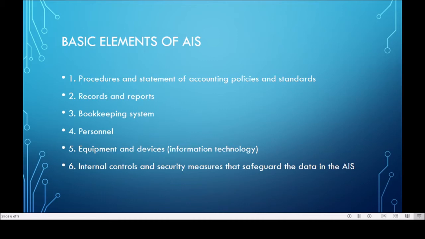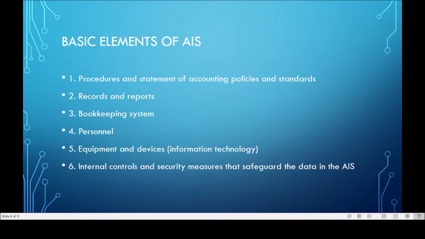If it's manualized, part of your equipment is your calculator, pencils, worksheets, workbooks. Those are equipment and devices that we need in order for the accounting information system to work.